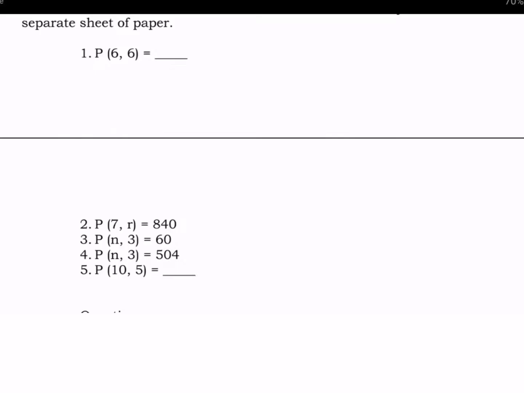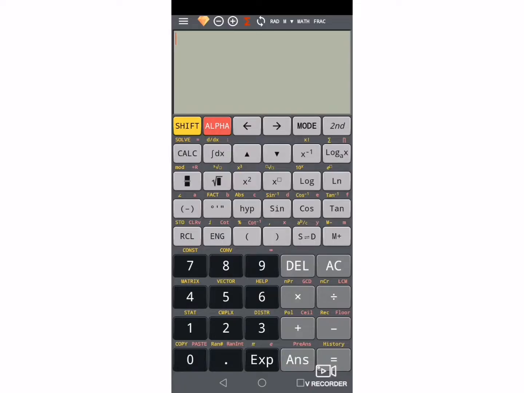For number 3, the permutation of n taken 3 at a time equals 60. The value of n is 5. Here the unknown is n.